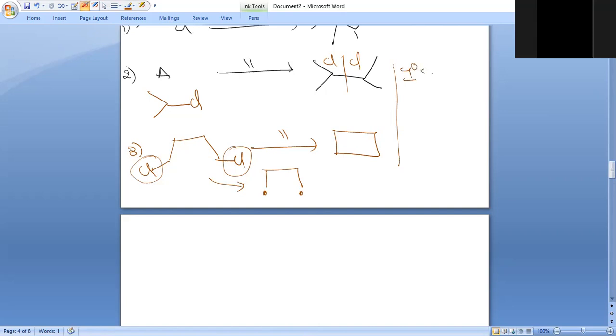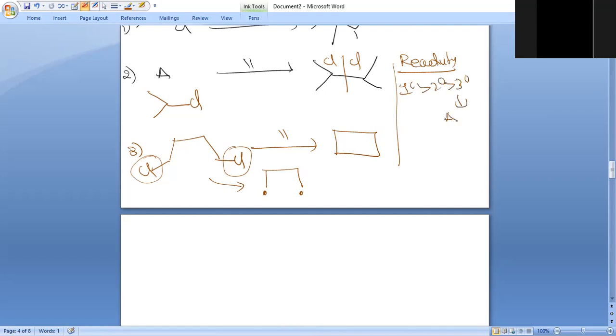Wurtz reaction reactivity order: primary, secondary, tertiary. And iodides are more reactive than bromides. So reactivity order: first primary, secondary, tertiary.